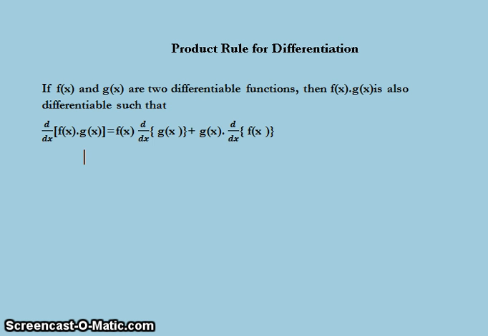Thus the derivative of the product of two differentiable functions is equal to first function into derivative of second function plus second function into derivative of first function. This is known as the product rule.